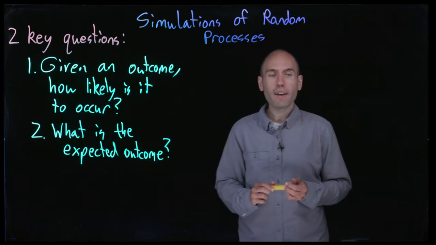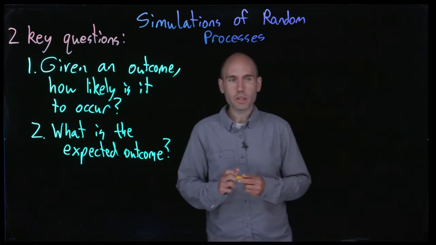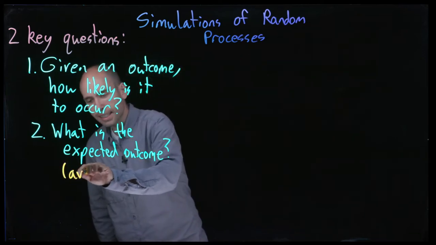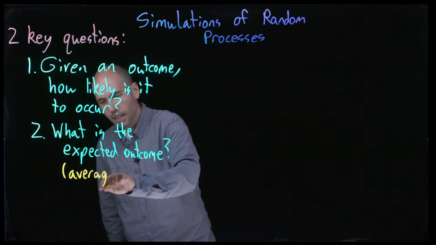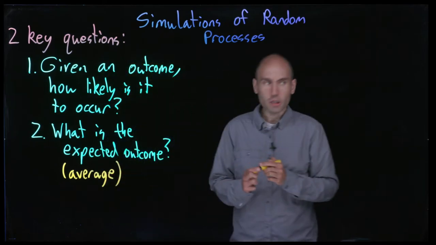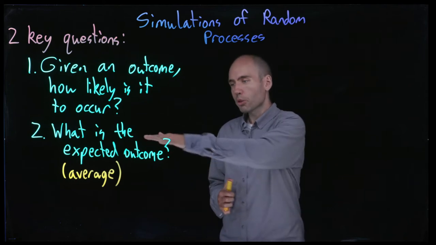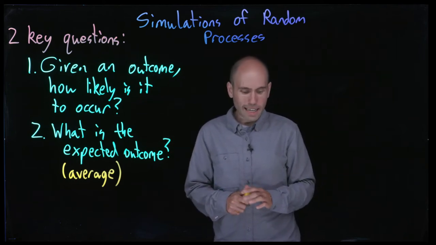Expected value is the technical term, the term we use most often in math. Another way to think about it is average. They're really just 2 different terms for the same thing. At least how we're going to use it in Math 9, we're going to use expected value to mean average.